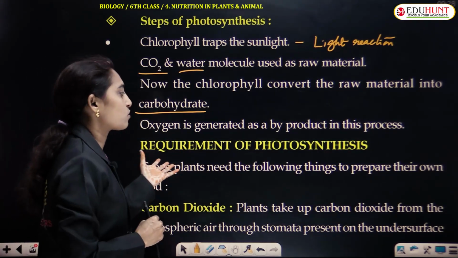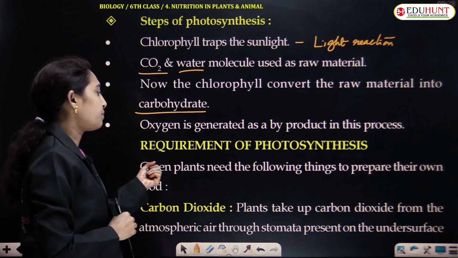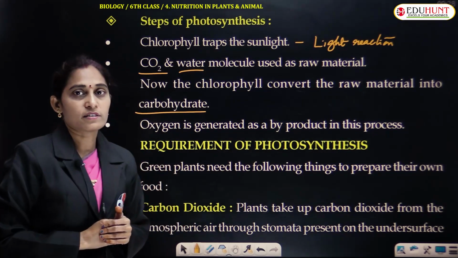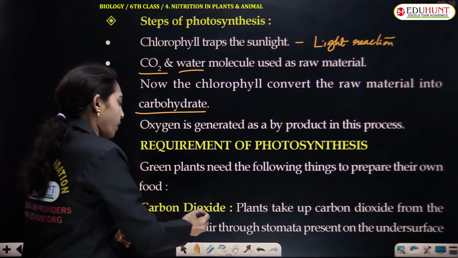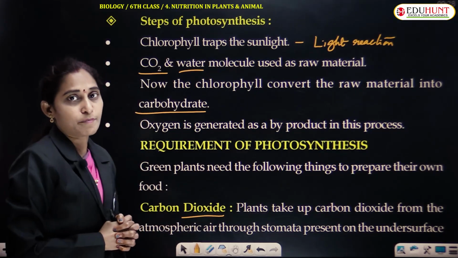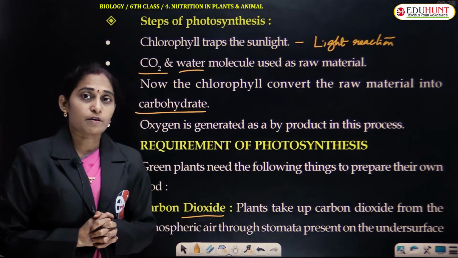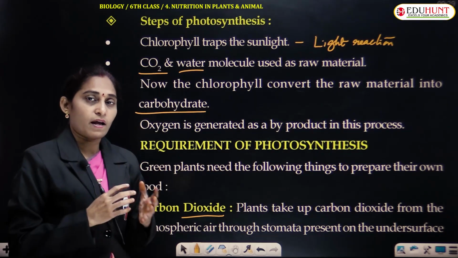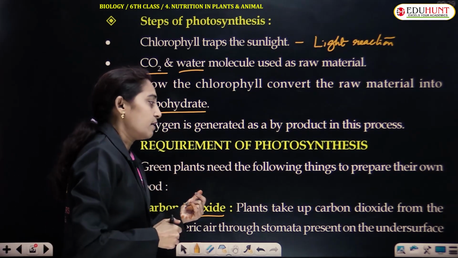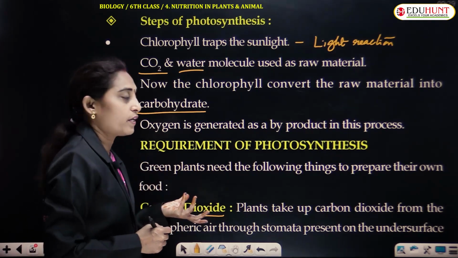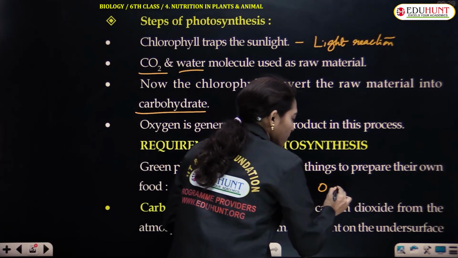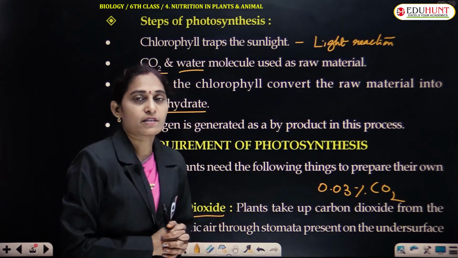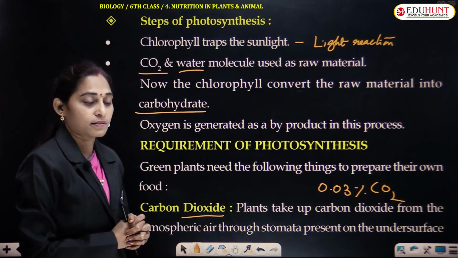Now the requirements of photosynthesis. Green plants need to have these factors for synthesis of food material. One is carbon dioxide, which they get from the atmosphere. We have 0.03% of CO2 in our atmosphere, and this CO2 will be utilized by the plants.